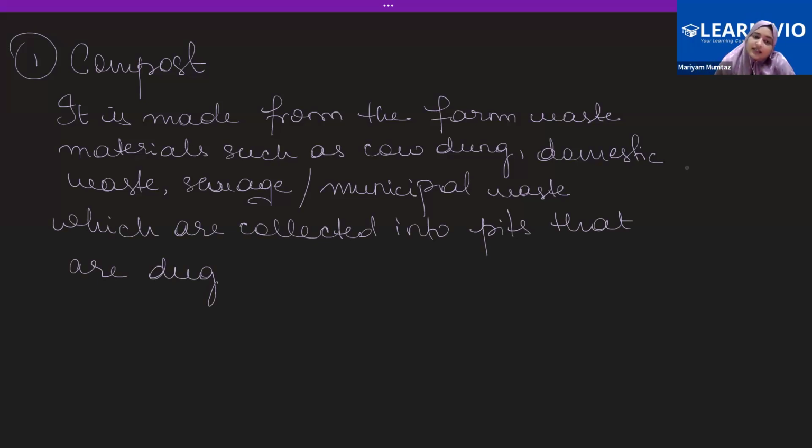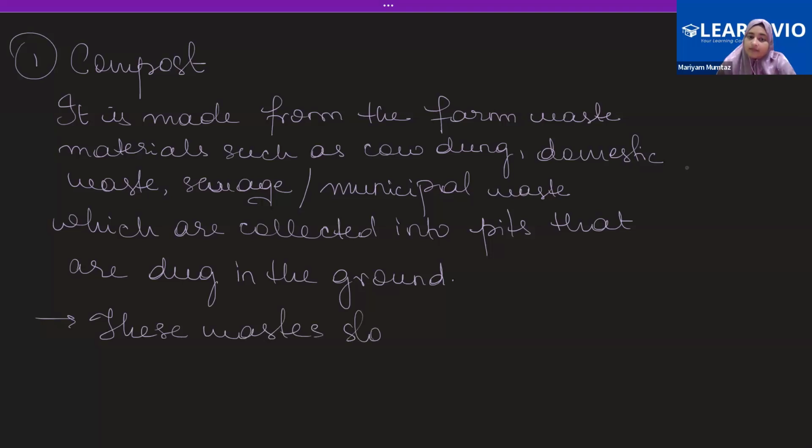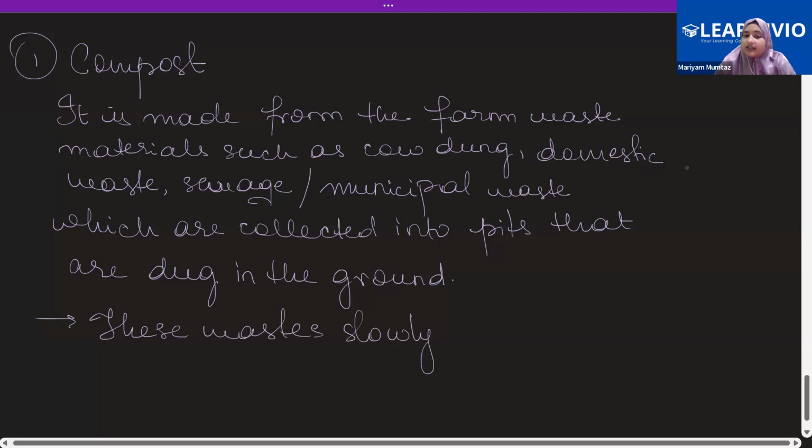The past tense. And these wastes slowly degrade and become the compost.